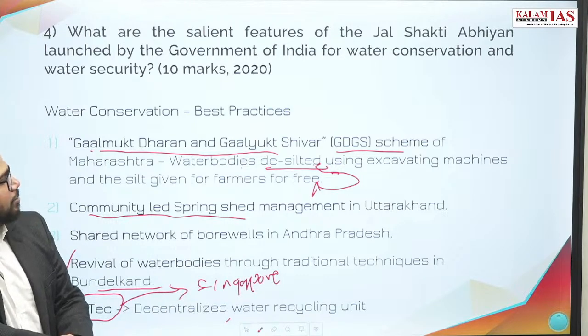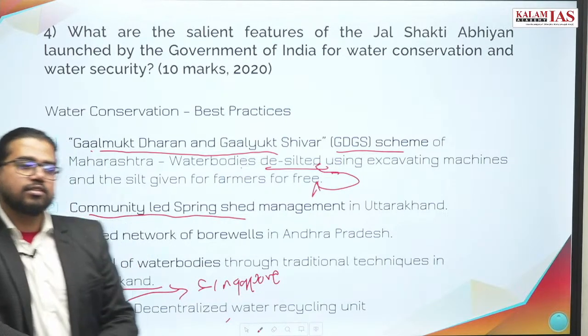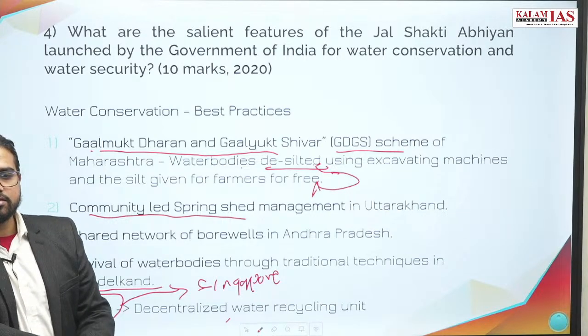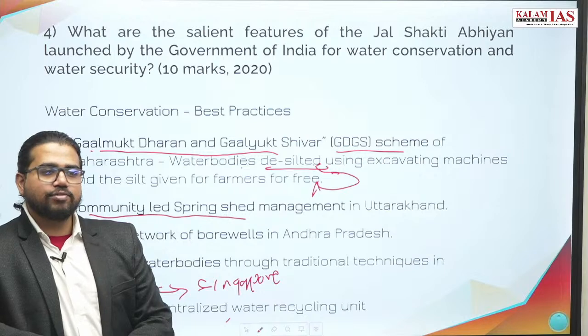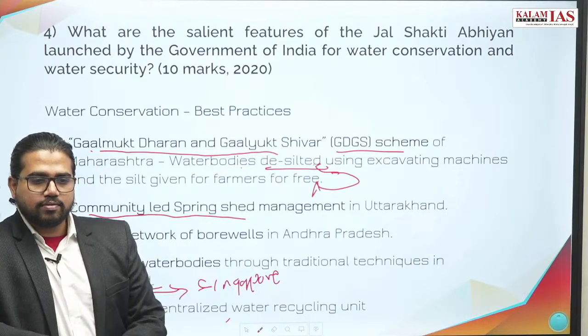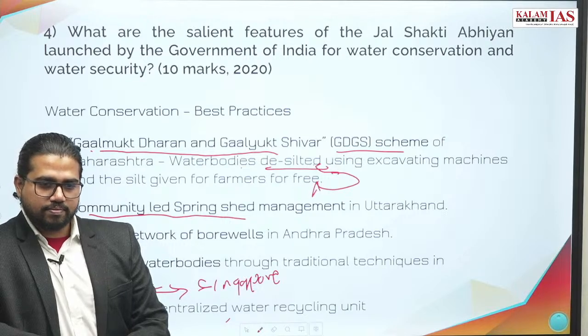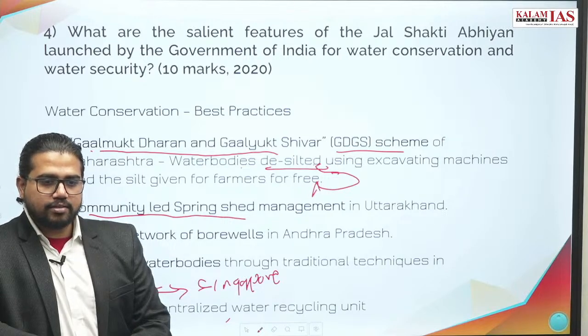One international example based case study, which one will you cite? Water conservation. Netherlands, maybe. Netherlands is famous for what? Which case study will you cite? Flood management.